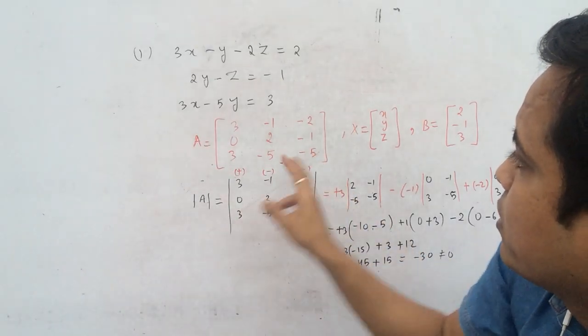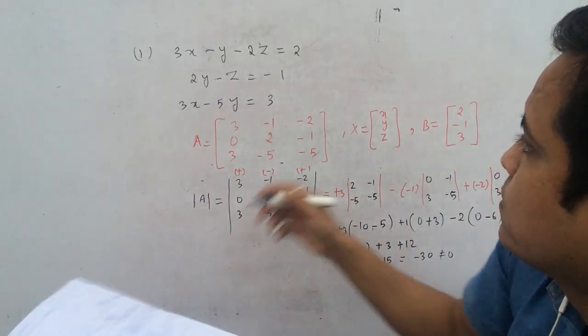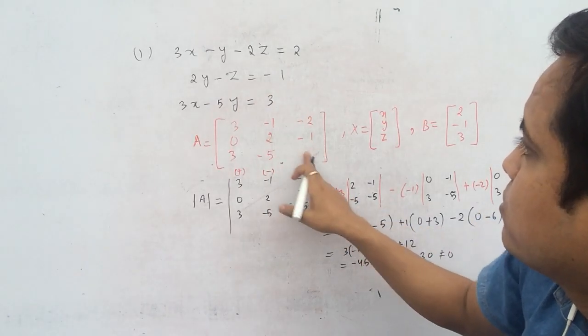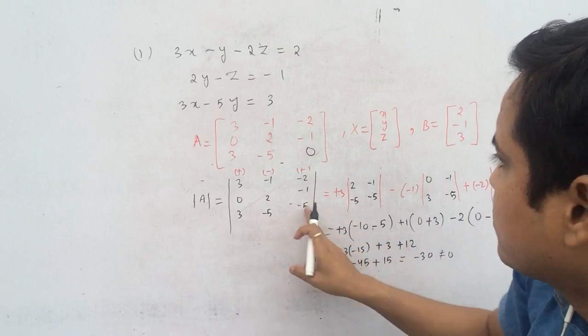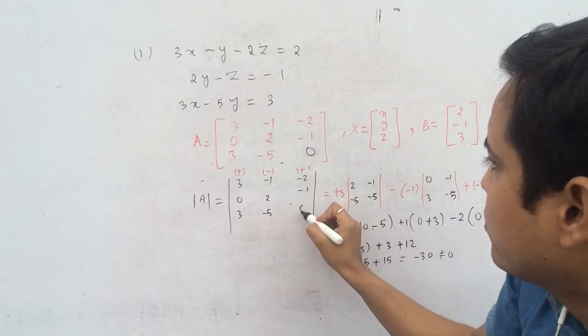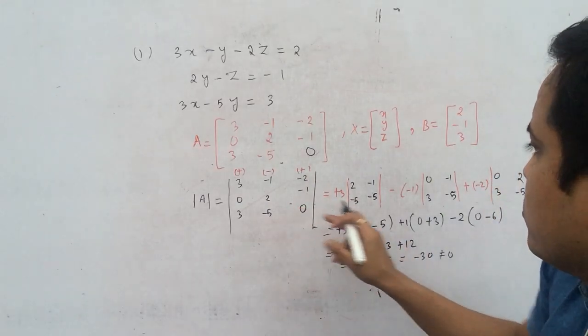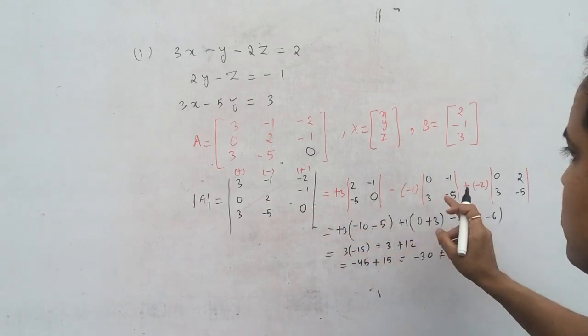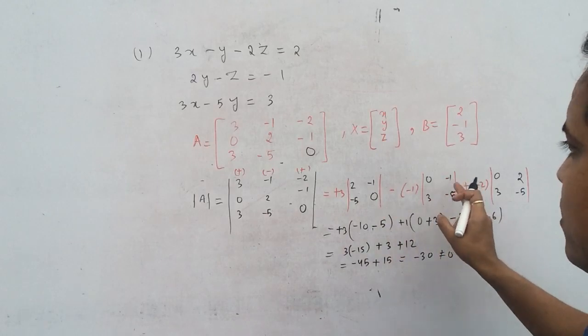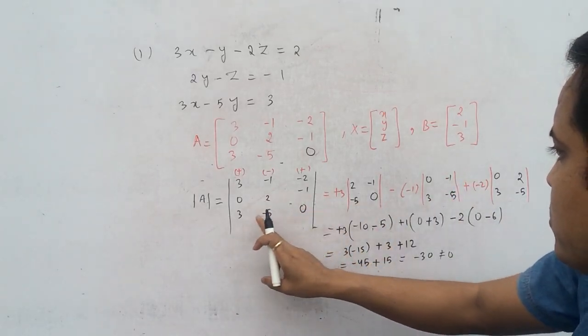So 0 here. Okay, all right. You got here 0 minus 1, 0.